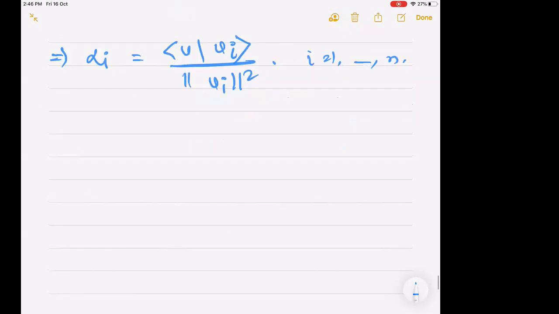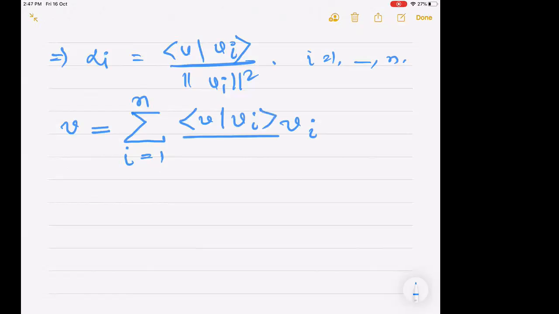Combining, what does this mean? This means V is nothing but, brace yourselves, here it comes: the summation i goes from 1 to n of the inner product of V with Vi divided by norm of Vi squared, times Vi.